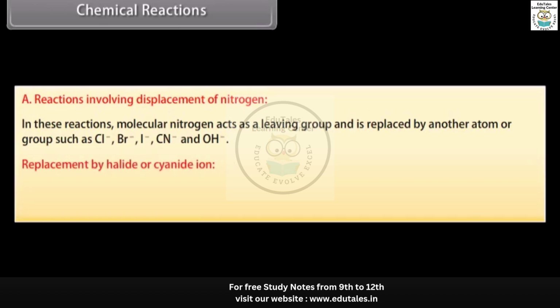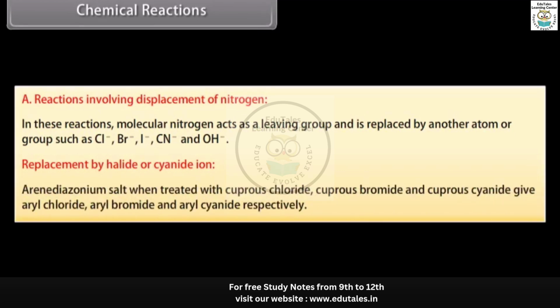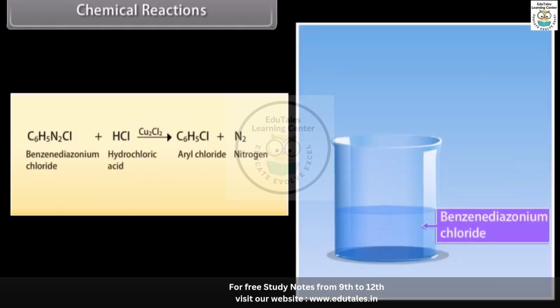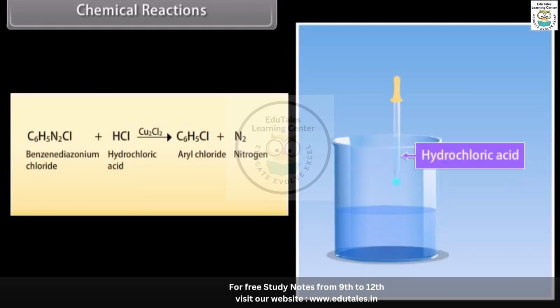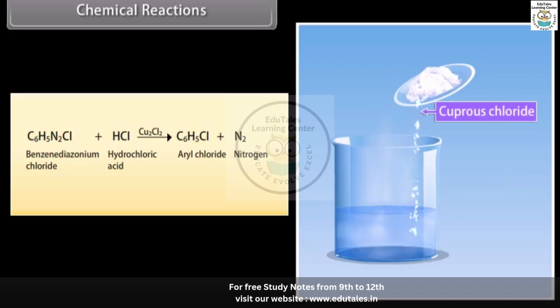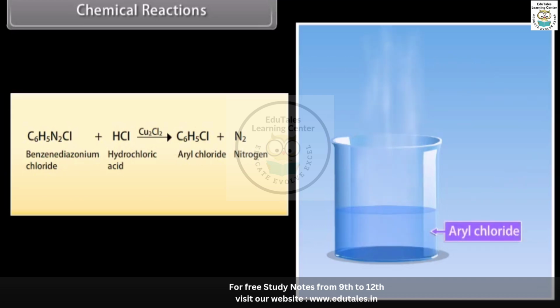Replacement by halide or cyanide ion. Arene diazonium salt, when treated with cuprous chloride, cuprous bromide, and cuprous cyanide, gives aryl chloride, aryl bromide, and aryl cyanide respectively. Benzene diazonium chloride reacts with hydrochloric acid and cuprous chloride and yields aryl chloride and evolves nitrogen gas.